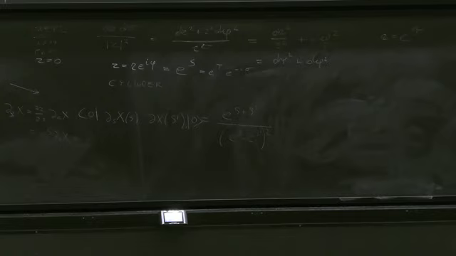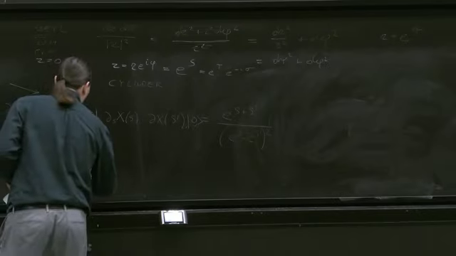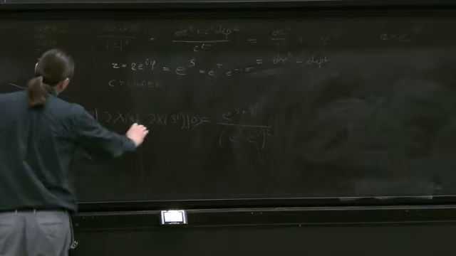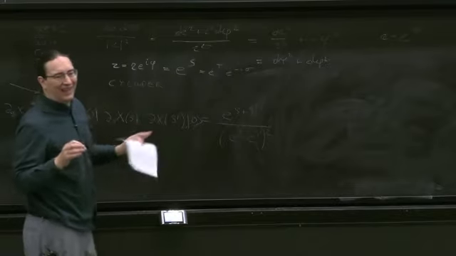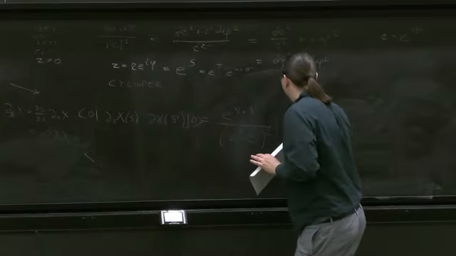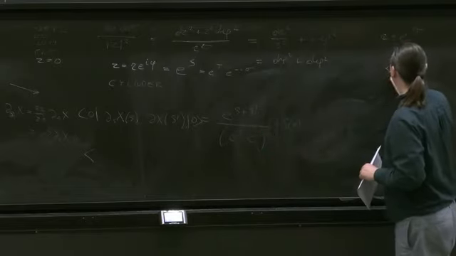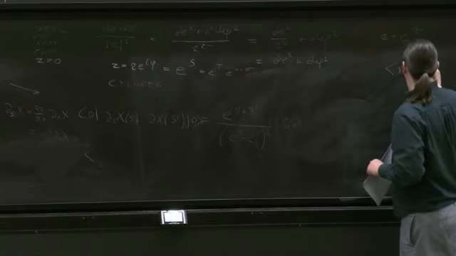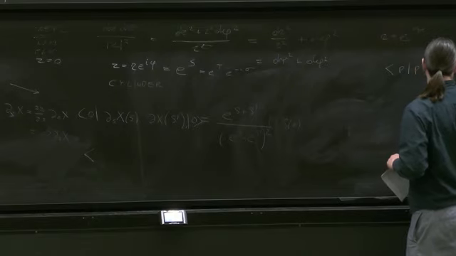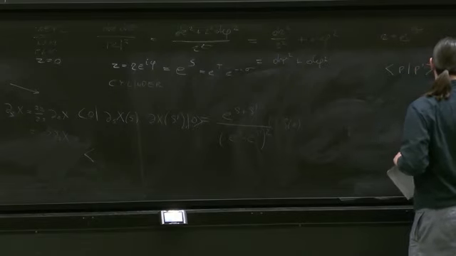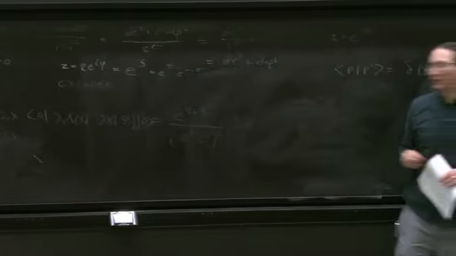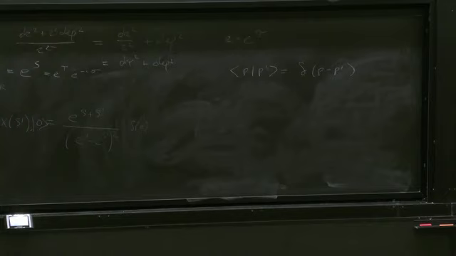Now this begs the question, what if I look at a correlation function? And notice I'm writing this, but there really should be a delta function of 0 in here, right? Because remember that on the cylinder we have delta function normalizable states. So what's going on is that here there was also secretly an infinity, because the expectation value of 1 is kind of infinite because it's a free scalar.